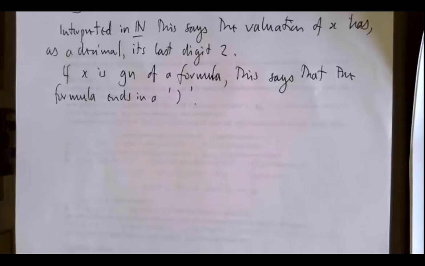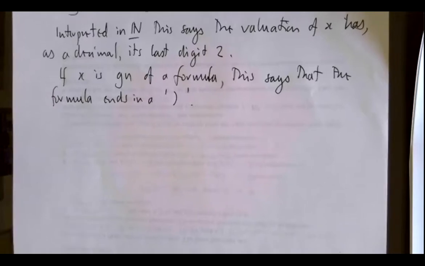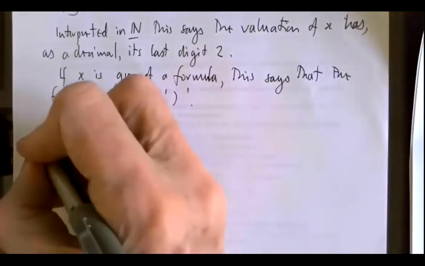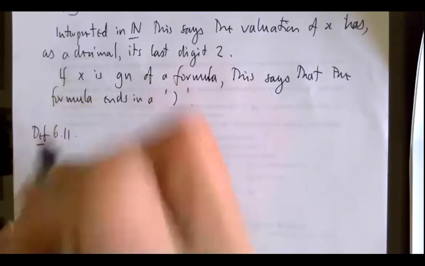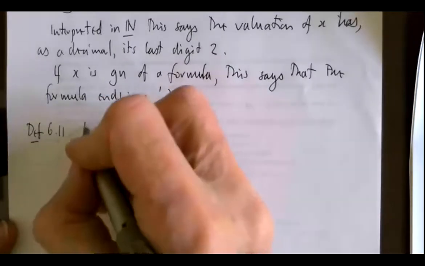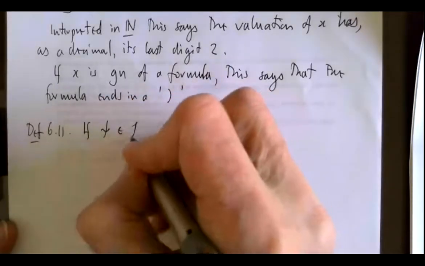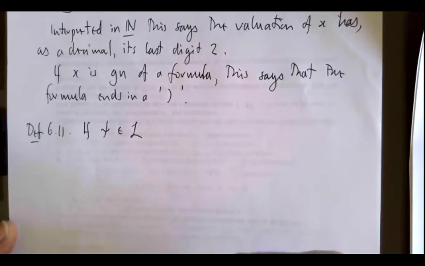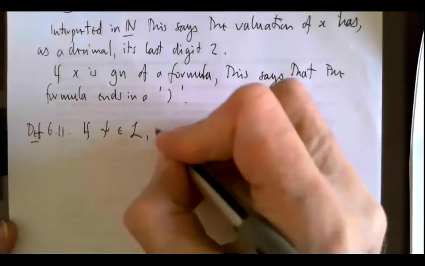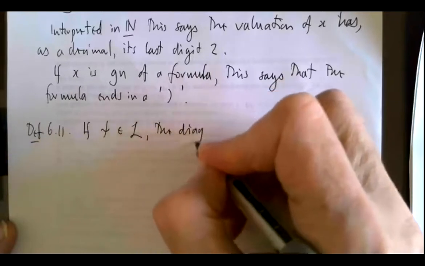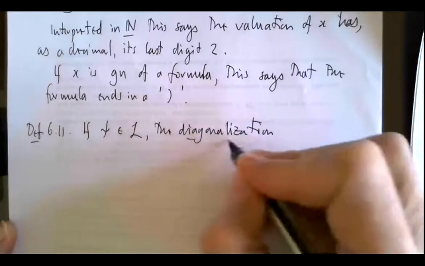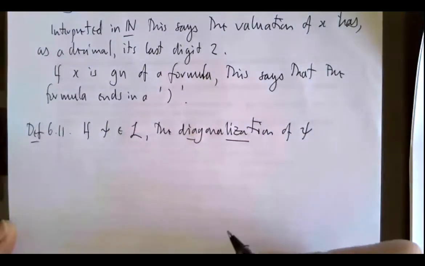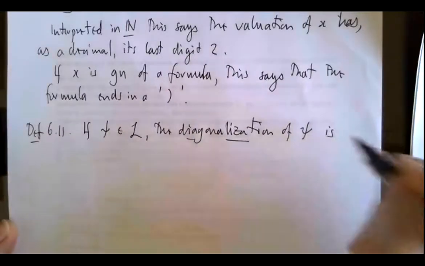What we want is a code that in some sense can refer to itself. Sorry, a formula that can refer to itself. And we get this through this trick of Gödel's, of diagonalization. So if I've got a formula Psi in the language, the diagonalization of Psi is another formula.